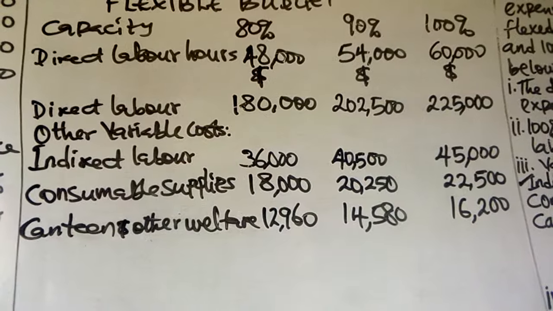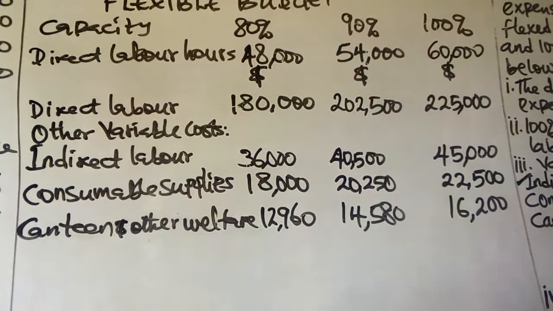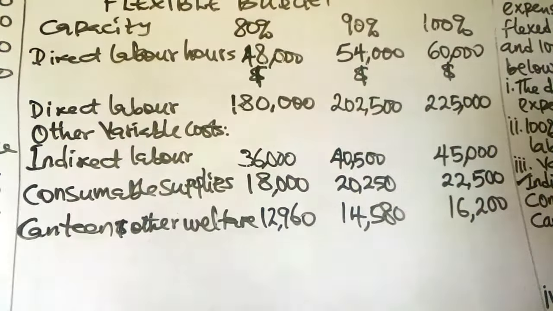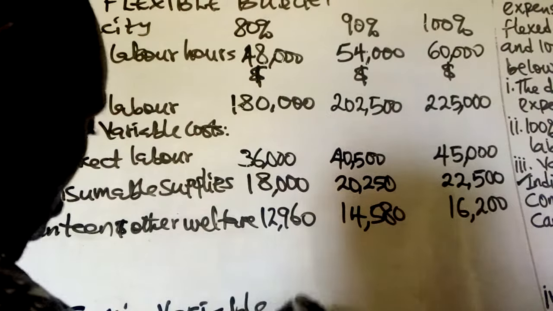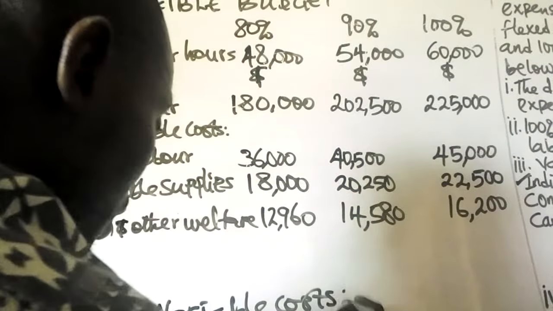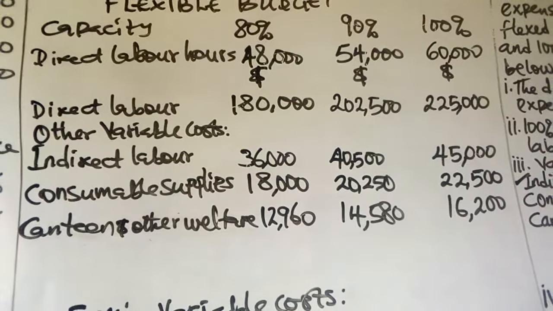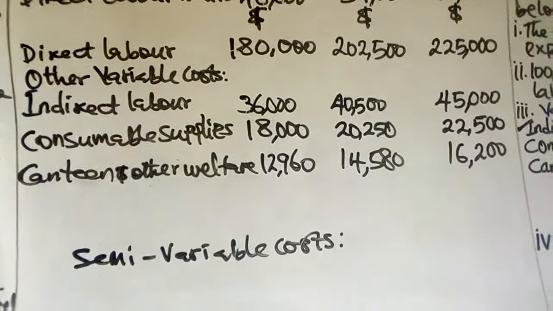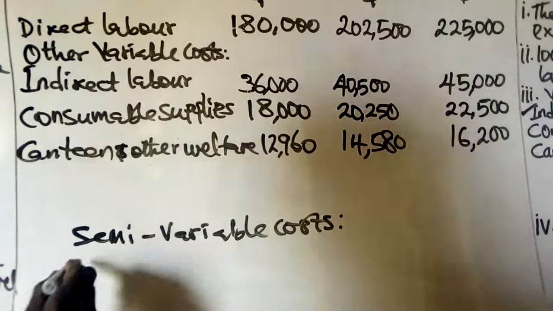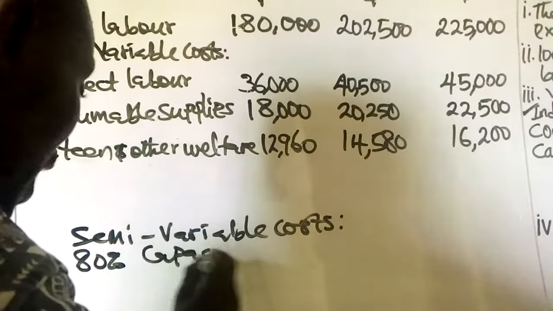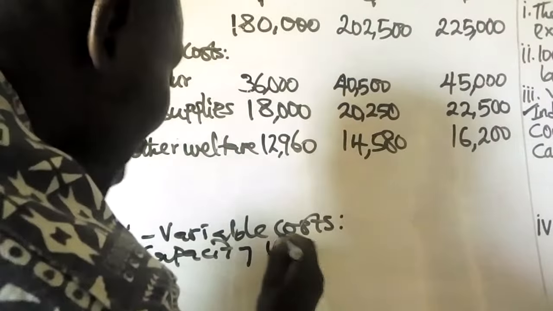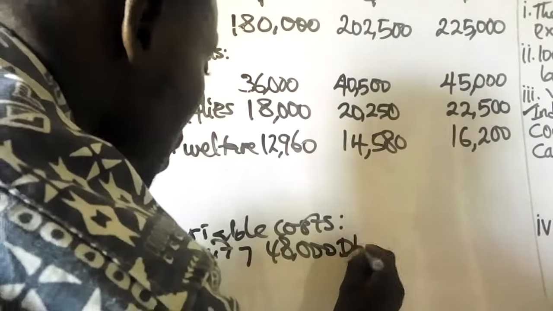The 80% capacity represents 48,000. So we want to determine the semi-variable cost for 80% capacity, which represents 48,000 direct labor hours.